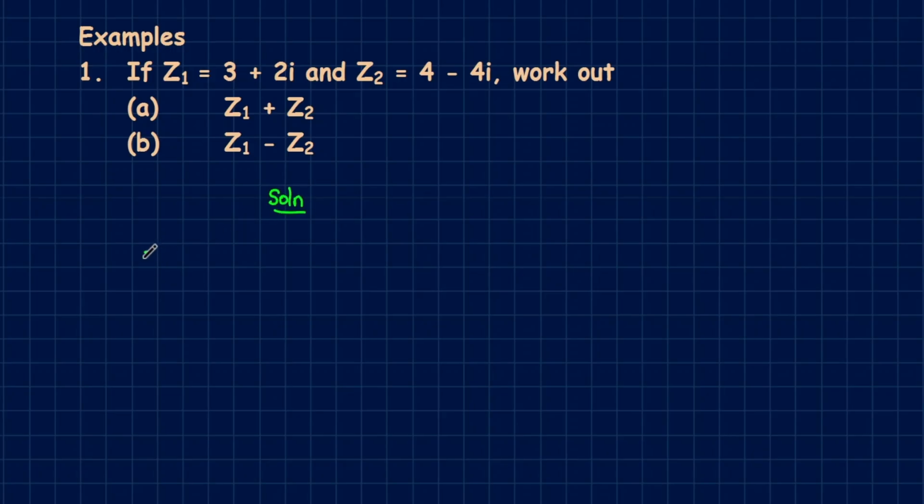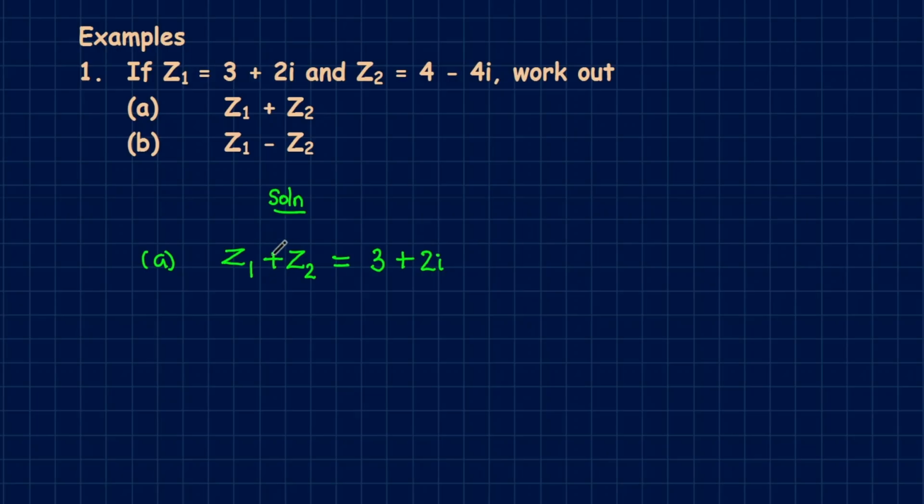So we have part A of the question, which is requesting us to get Z1 plus Z2. Since we're given it in terms of Z1 and Z2, we write Z1 and Z2 on the left-hand side, and on the right-hand side we replace them with the given complex numbers. So we know our Z1 is 3 plus 2i.